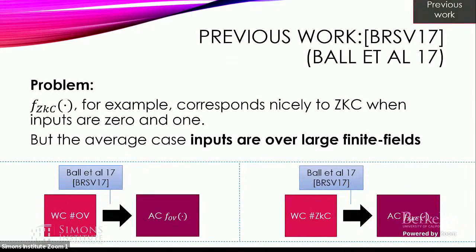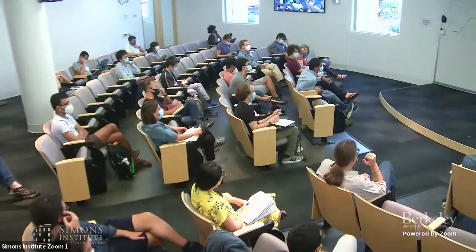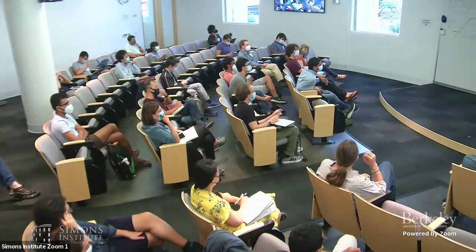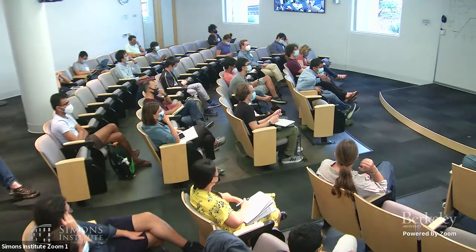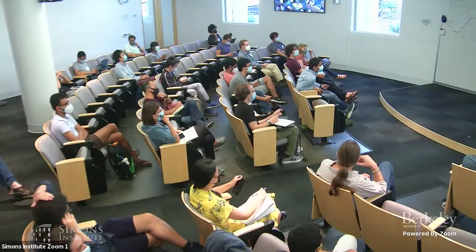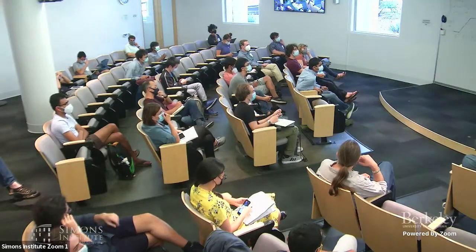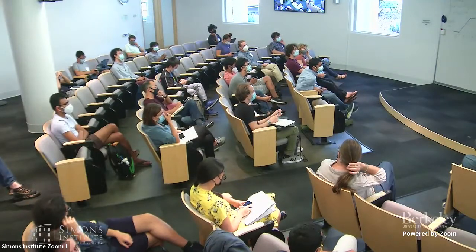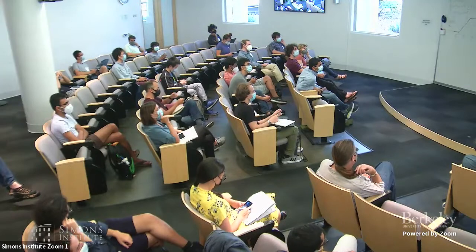The problem with this is, why do we care about this particular function? Can I ask a quick question? Yes. When you define the orthogonal vectors problem, is the conjecture that it's hard over every field, or over some field? I think this is normally framed as being over the integers.